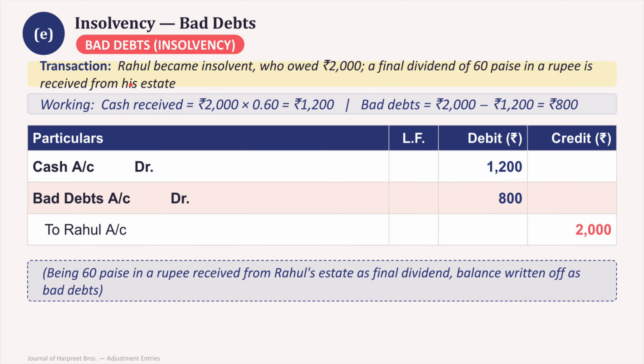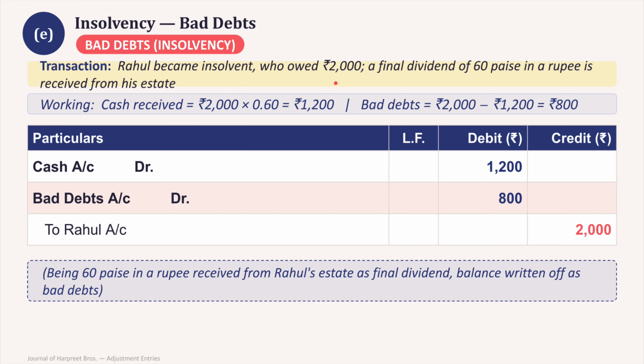Next. Rahul became insolvent, who owed 2,000. A final dividend of 60 paise in a rupee is received from his estate. Rahul has become insolvent, so he's not going to pay anymore. He's not in a position to pay.